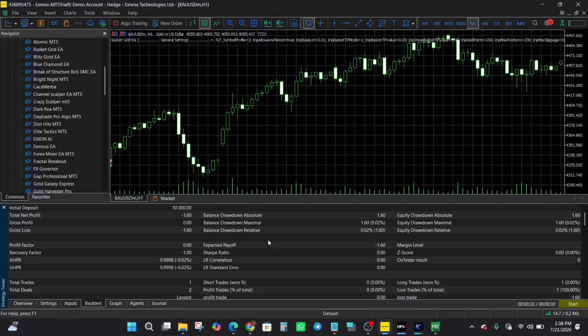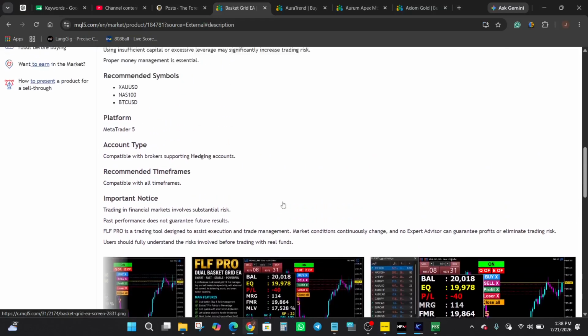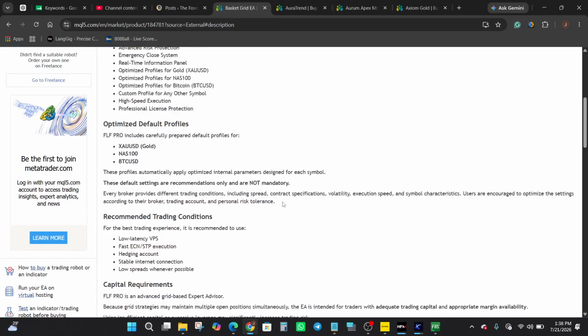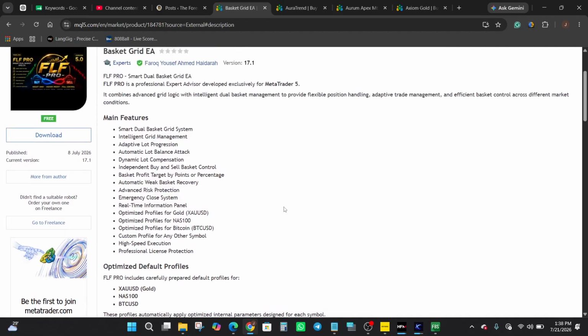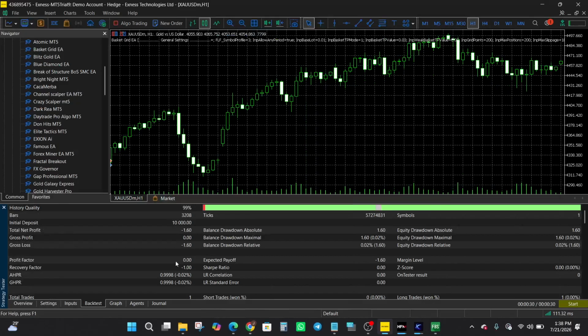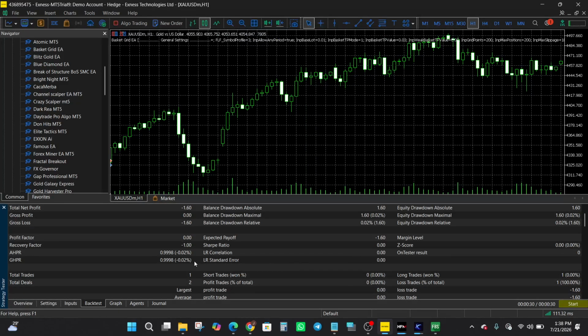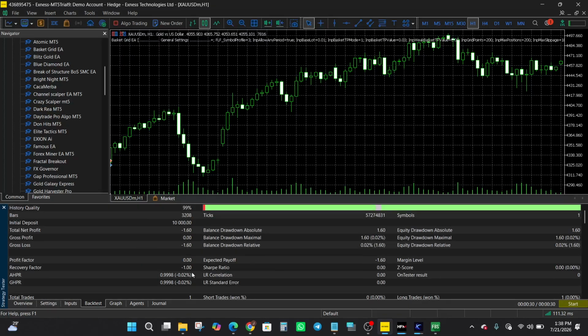So like I already said, I'm not sure exactly what the reason is behind this single trade. But if you're interested in the EA, maybe you can test it across more than one broker just to know if it is something that has to do with a broker issue. Or you can also try testing it across different assets and time frames as well, so you can know if you will get a different result.